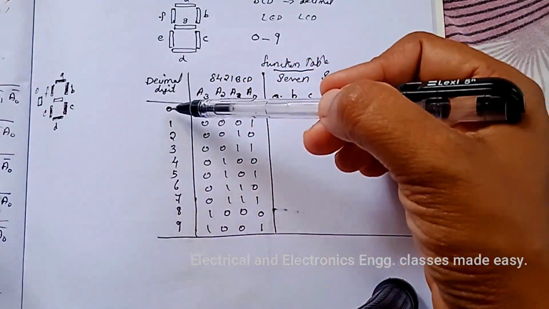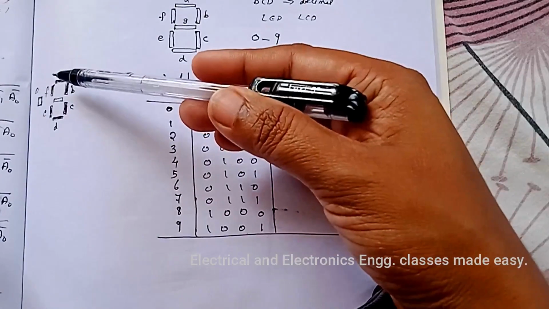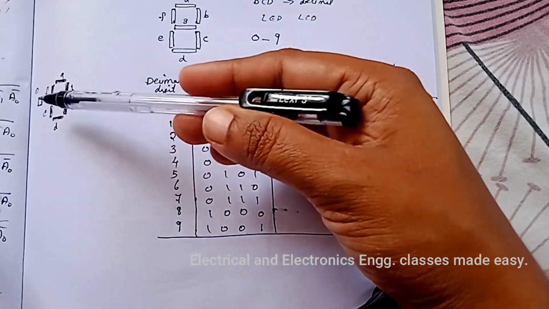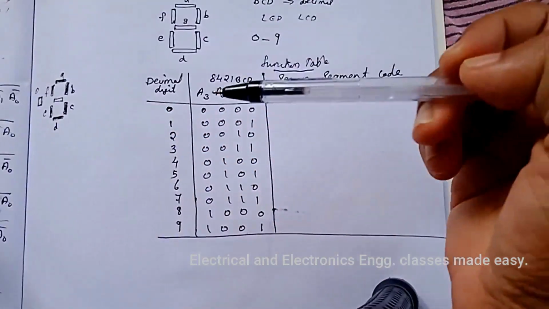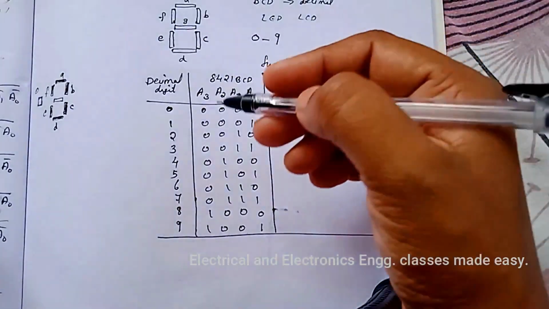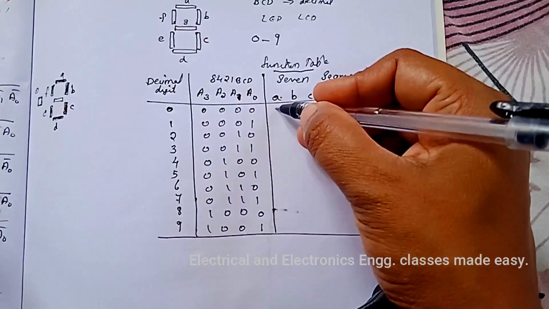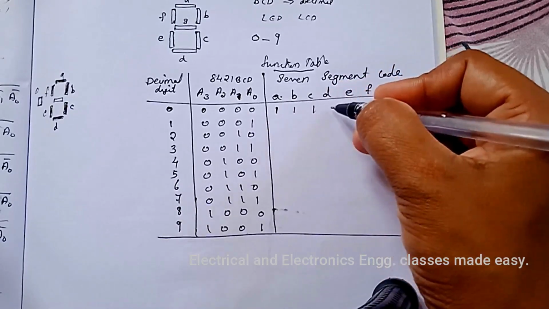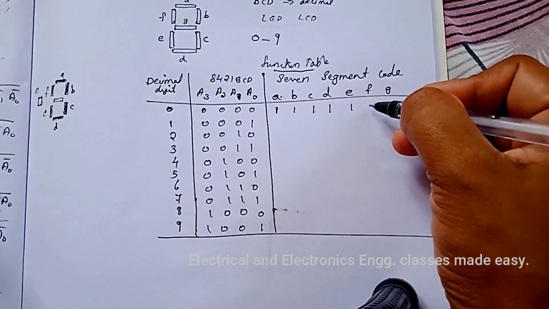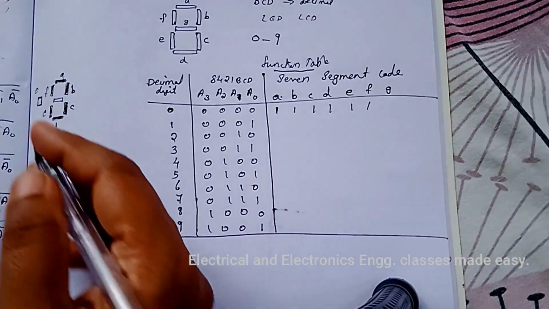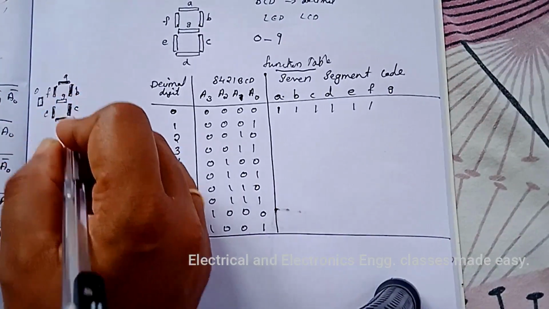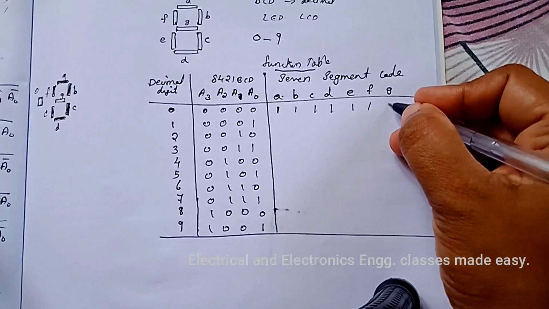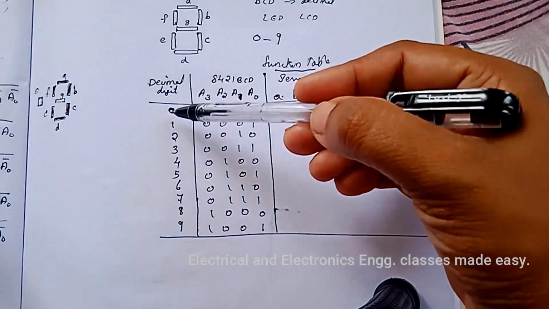For the number 0, the segments A, B, C, D, E and F are displaying, so put 1 for those segments, that is 1, 1, 1, 1, 1, 1, and segment G is 0 for the digit 0.